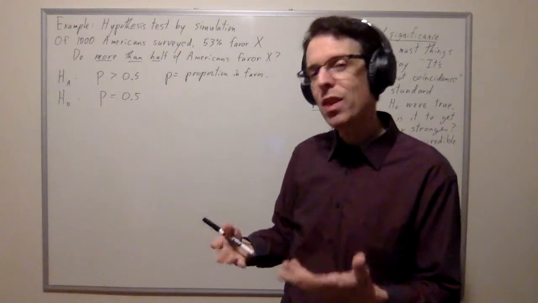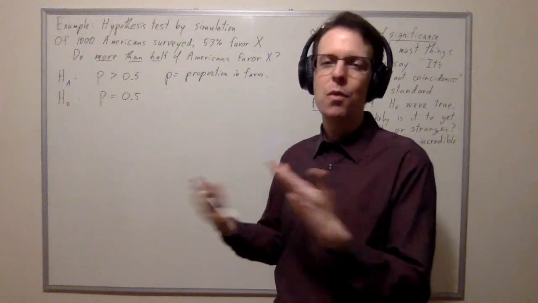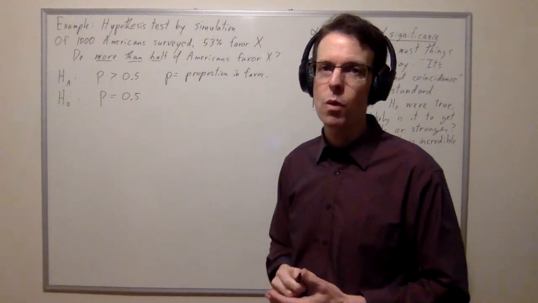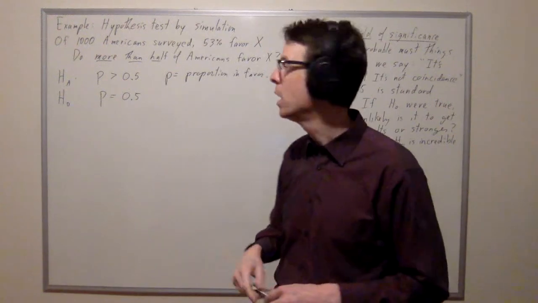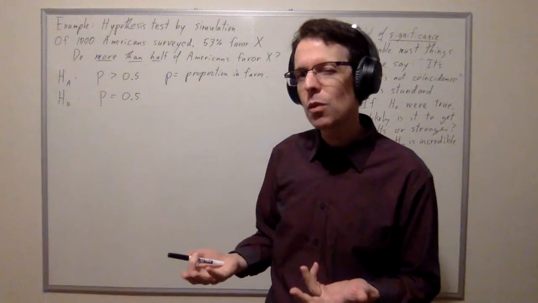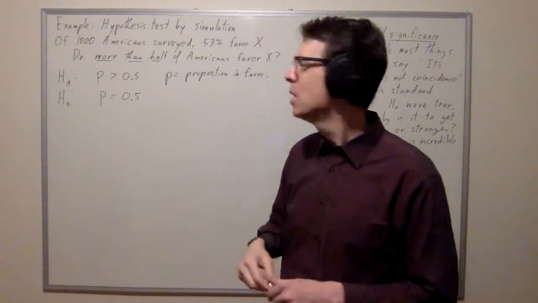But even though our method was not biased, we just kind of accidentally got a few extra on this side instead of that side, just because of the randomness of our phone calls, the randomness of our survey. So basically, the null hypothesis is saying, yeah, it's 53%, but that's really just random kind of noise.